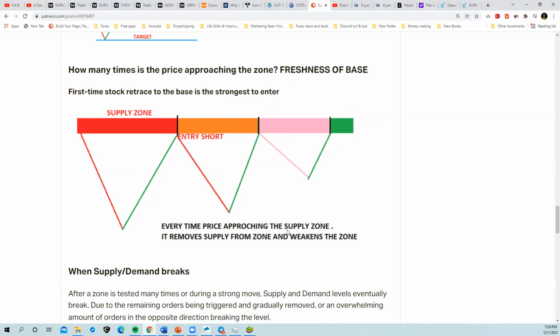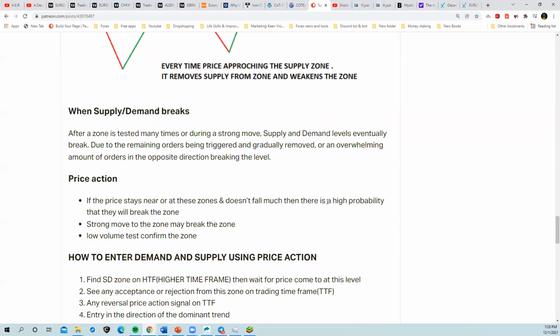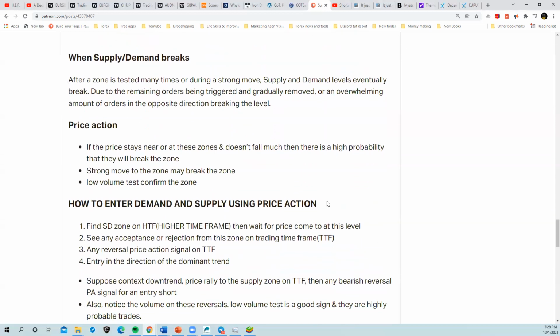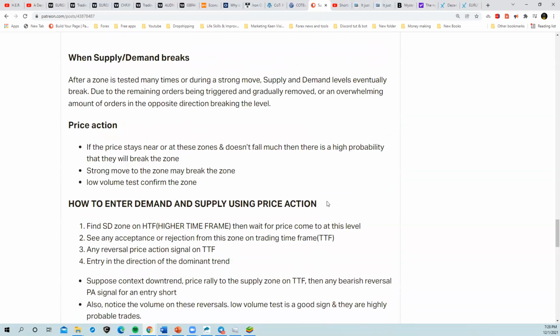Every time price approaches the supply zone, it removes supply from the zone and weakens the zone. So every time it comes up here, you're removing more sellers. Now, supply and demand levels break after a zone is tested many times or during a strong move, eventually due to the remaining orders being triggered.